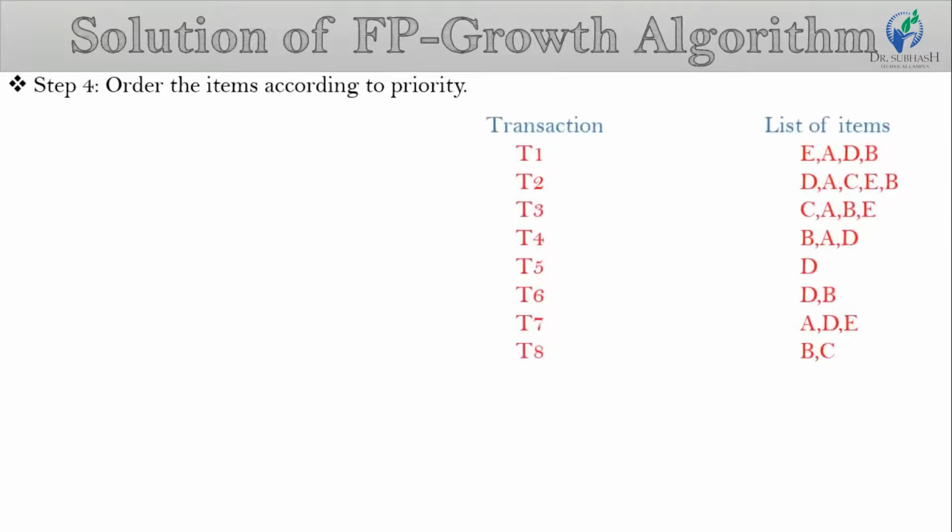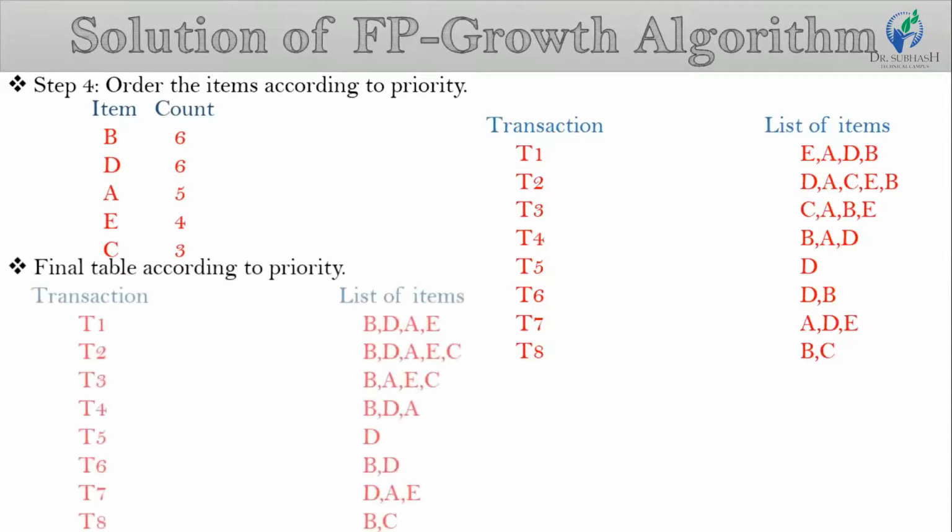Now, the next step is to order the items in the table according to priority, which means we can order the item columns. All the items are arranged according to the priority mentioned in the earlier steps. So the final table according to priority looks like this.